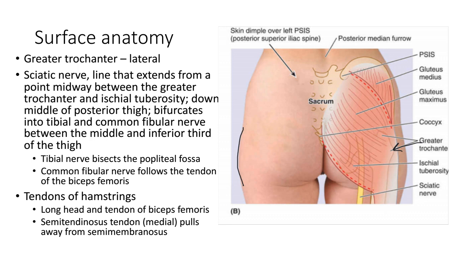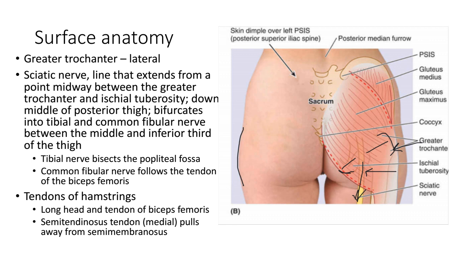The sciatic nerve can be found if you draw a line that extends from a point midway between the greater trochanter and the ischial tuberosity. And then it goes down the middle of the posterior thigh, and then it will bifurcate into the tibial and common fibular nerve between the middle and inferior third of the thigh.